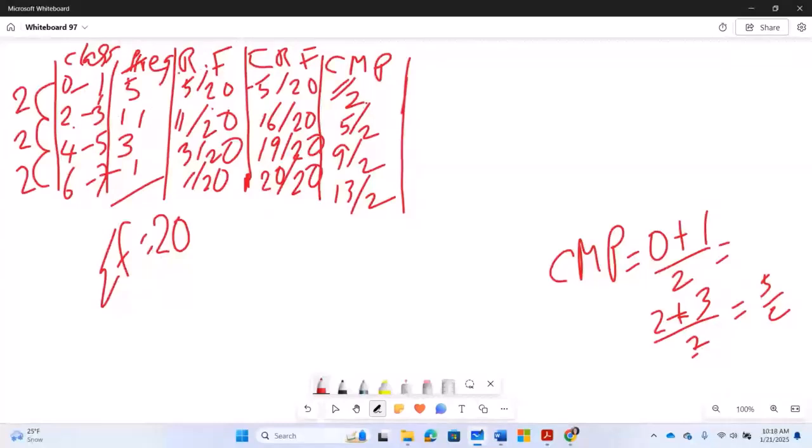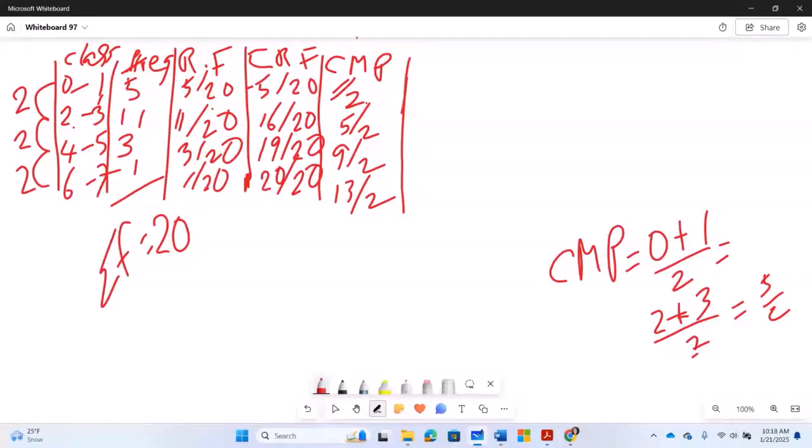Therefore, the relative frequency of the first class is 5 out of 20. The relative frequency of the second class is 11 out of 20. The relative frequency of the third class is 3 out of 20, and then 1 out of 20. So you have created the column for relative frequency.